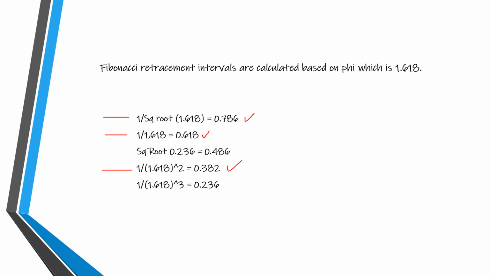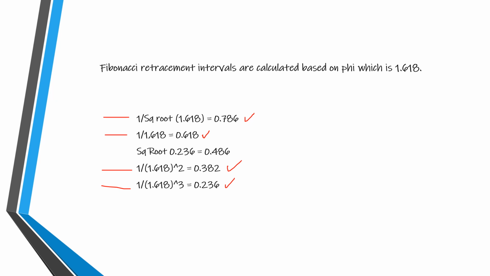That is a very common retracement value as well. If I take 1 divided by phi cubed, I get a value of 23.6%. You will sometimes see these things on stock charts, not terribly common, but you will run into them.